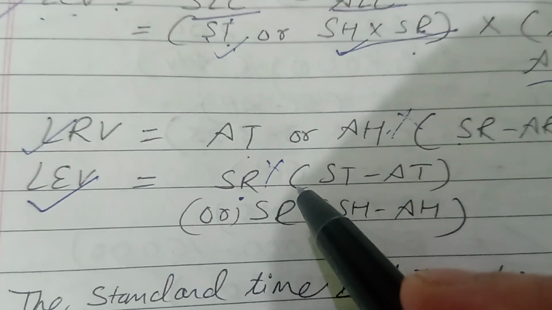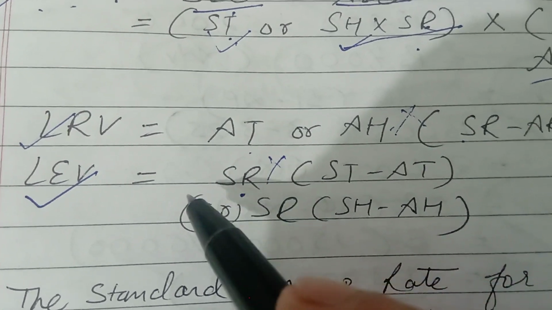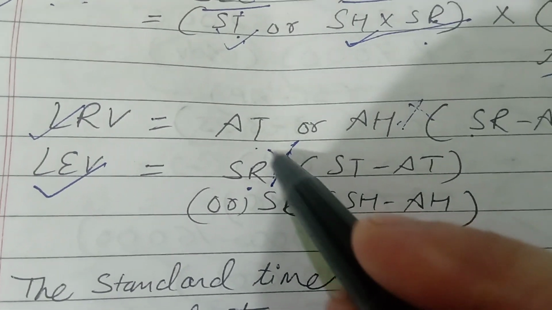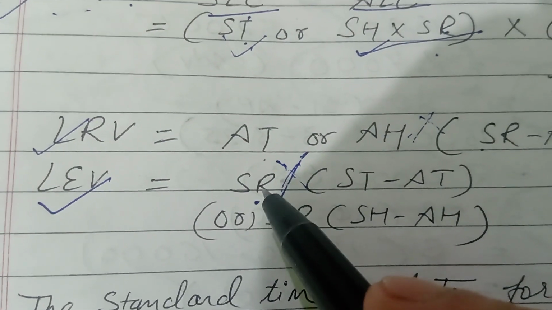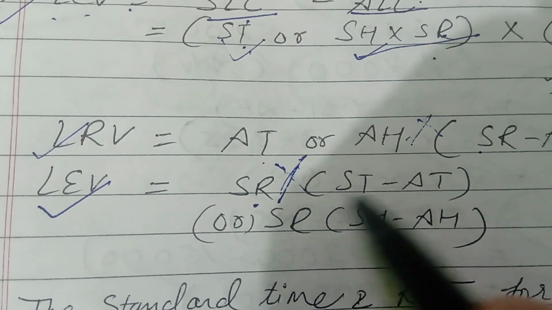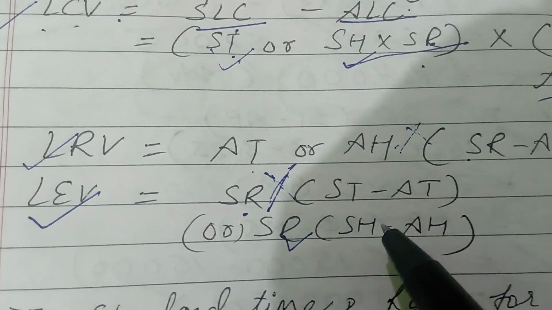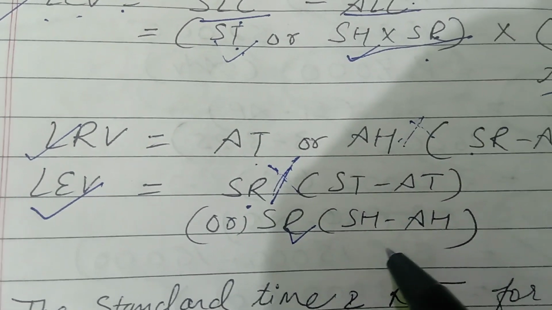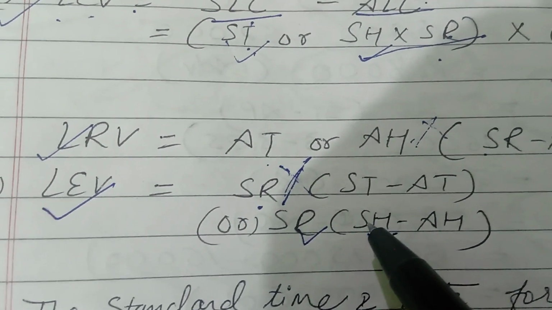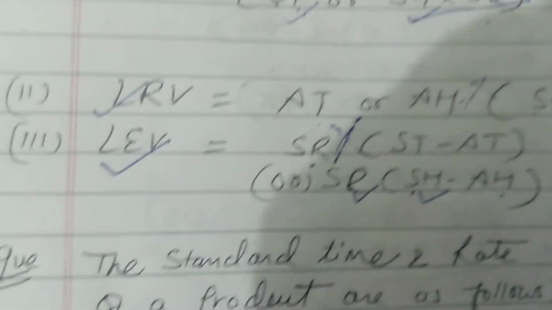Again, I'll repeat, students: whatever is given in the problem, you have to take. If standard rate is given, use standard rate minus actual rate; if time is given in hours, take the difference of standard hours minus actual hours.